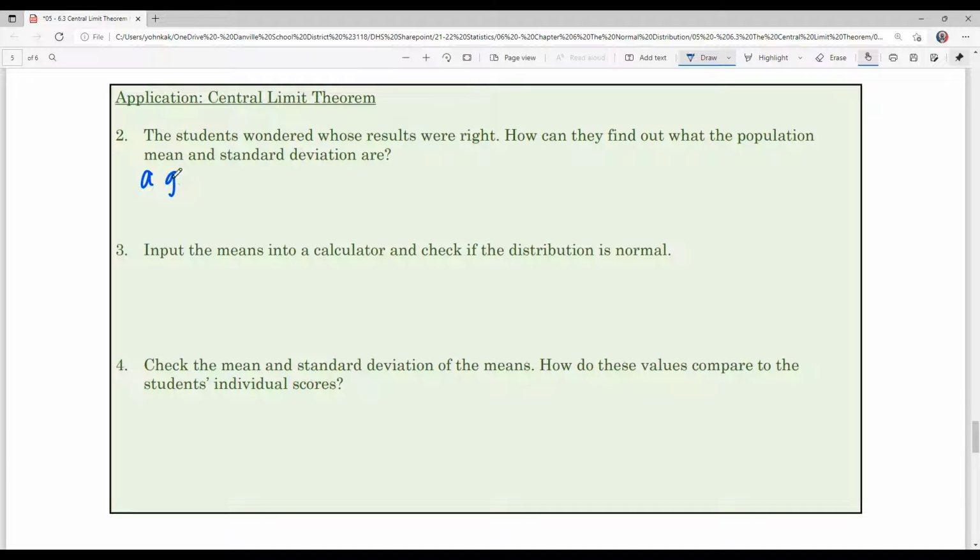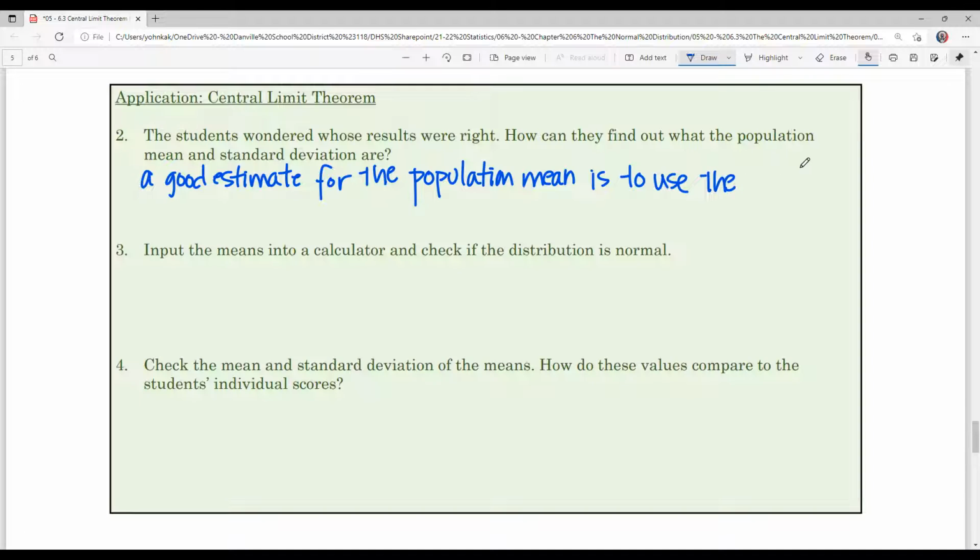So, a good estimate for the population mean is to use the average of the sample means.